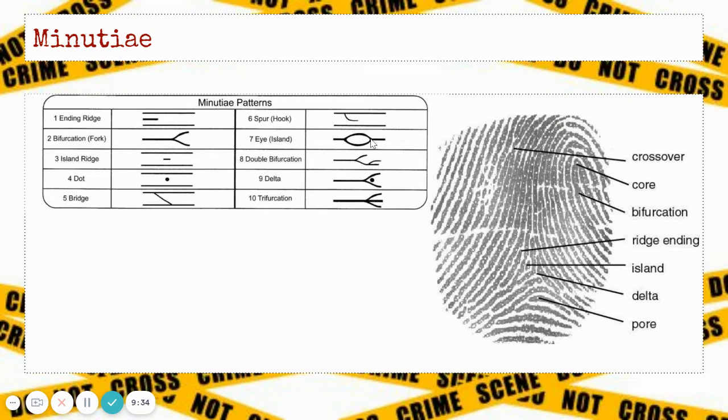I tend to use the term eye. That's what we're going to be using in class. That's where it opens up like a bifurcation and then closes again, so another bifurcation right on the other side. You could have a double bifurcation. So here you can see this is a more complicated pattern. A trifurcation even, where it splits into 3. The ones we're really going to focus on are ending ridge, bifurcation, islands, and dots and eyes. Those are really the 5 that we are most interested in.